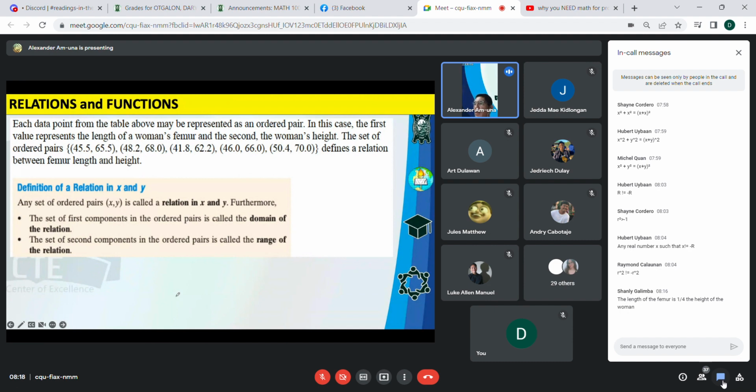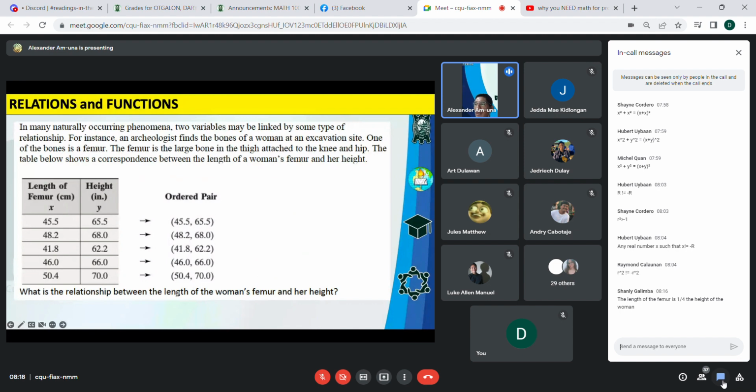If you are going to look now at the values provided there, from the values provided here, we can now form what we call an ordered pair. Such that the value 45.5 has a pair of 65.5. The value 48.2 has a pair of 68, and so on and so forth. In other words, the 45.5 cannot have two equivalent values.